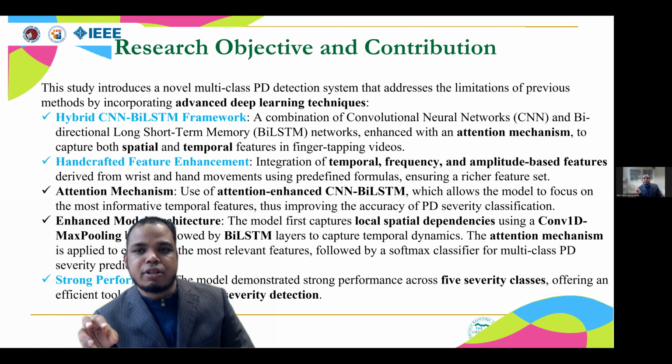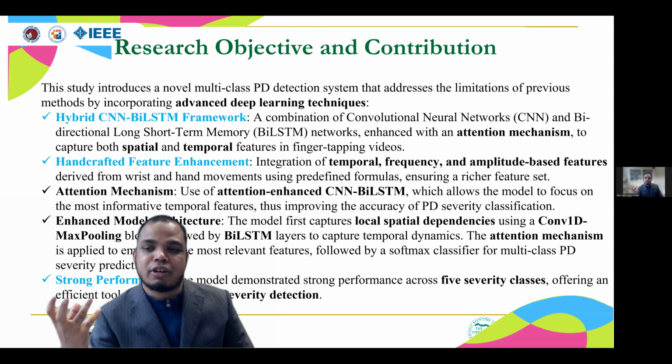To overcome this, our objective is to apply a hybrid deep learning framework, the attention enhanced CNN-BiLSTM framework. It is a combination of a convolutional neural network and a bidirectional long short-term memory network enhanced with an attention mechanism.